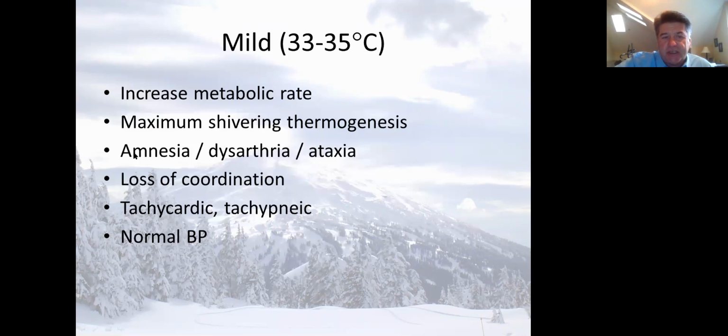What is interesting is the amnesia, dysarthria, and ataxia. Along with cold, you start to get confused. And one of the things that I won't necessarily touch on, but it has happened in the past, is sometimes victims of hypothermia are found outside without any clothes on.